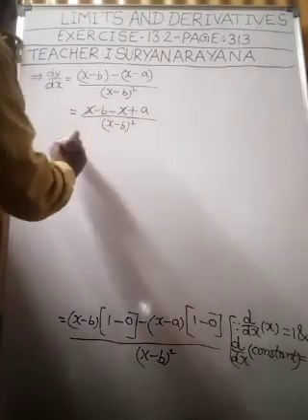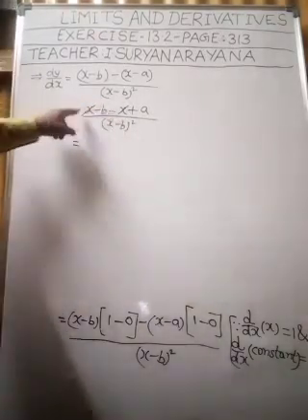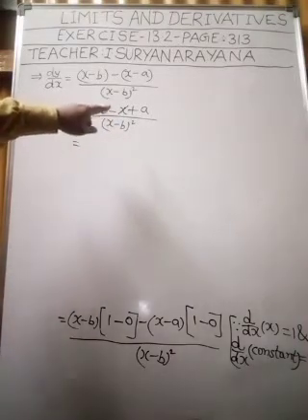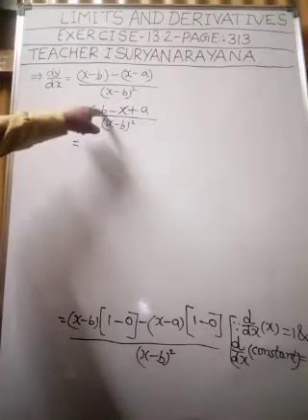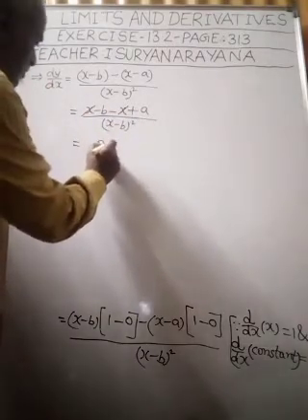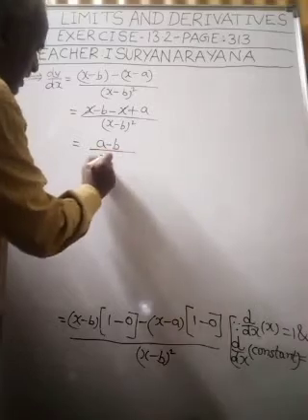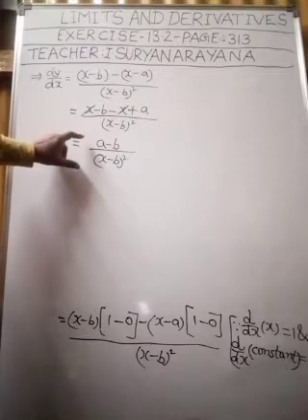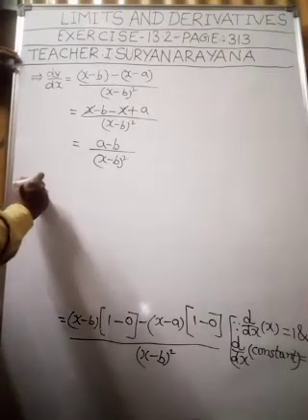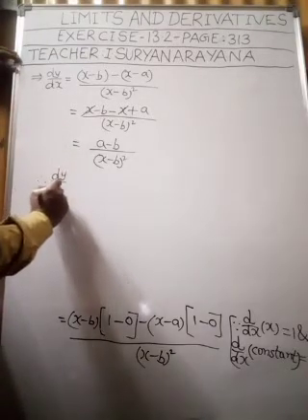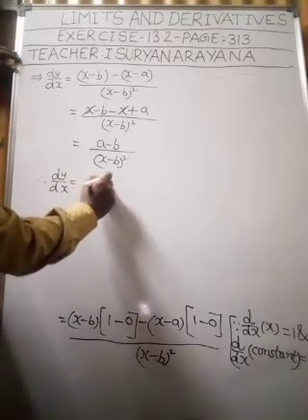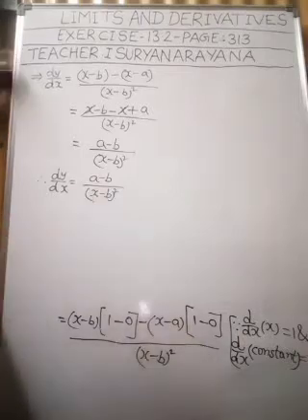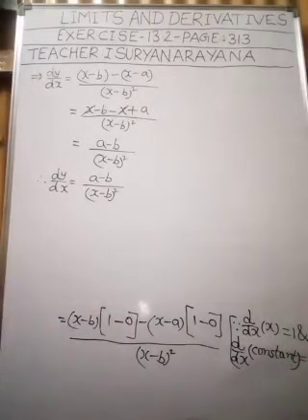This implies plus x minus x gets cancelled. Then what terms are left in the numerator? a minus b, a minus b by x minus b whole square. This is the derivative of the given function. Therefore, dy by dx is equal to a minus b by x minus b whole square. Understood, my dear children? Right.